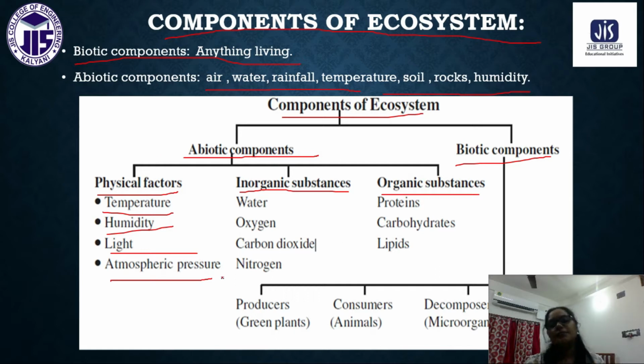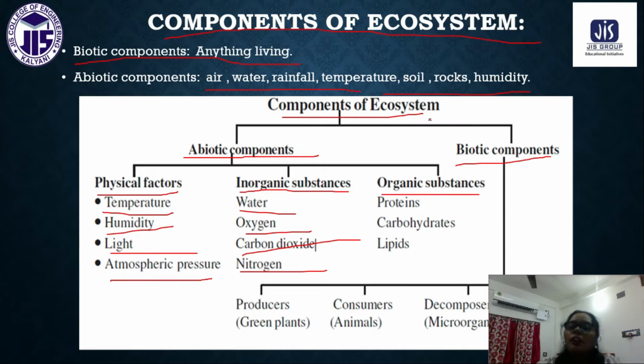And inorganic substances generally are water, oxygen, carbon dioxide, nitrogen, any type of inorganic materials or inorganic compounds, whatever we are synthesizing in our industry or factory. These inorganic substances are abiotic components of our ecosystem. And organic substances, generally we know an organic compound's composition will be carbon, hydrogen and oxygen, right?